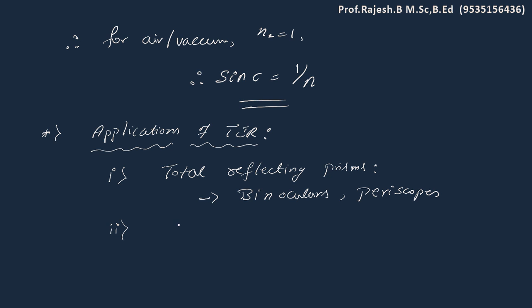Secondly, it is used in optical fibers. Very important. An optical fiber is a device that works on the principle of total internal reflection. It is used to transmit light in a desired path.